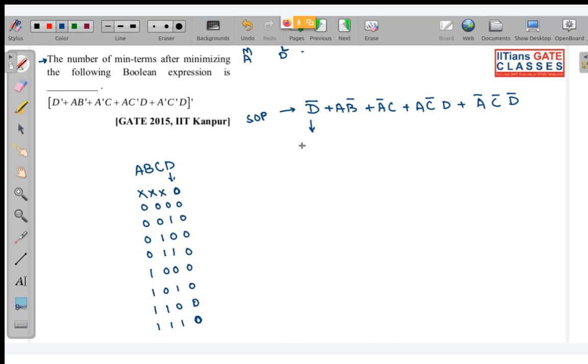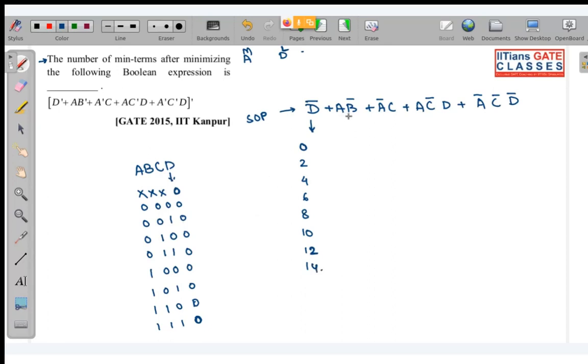So this is 0, 2, 4, 6, 8, 10, 12, 14. I wanted a K-map because this would have been simpler if we had used a K-map.